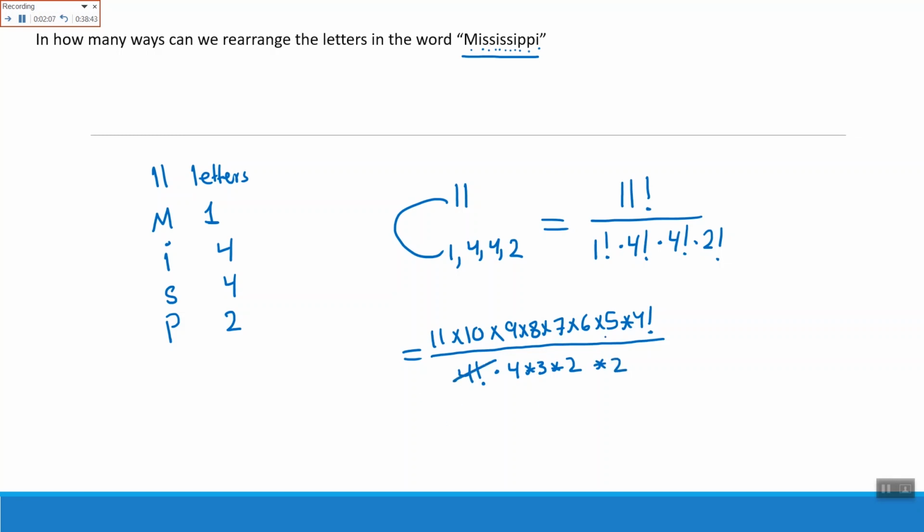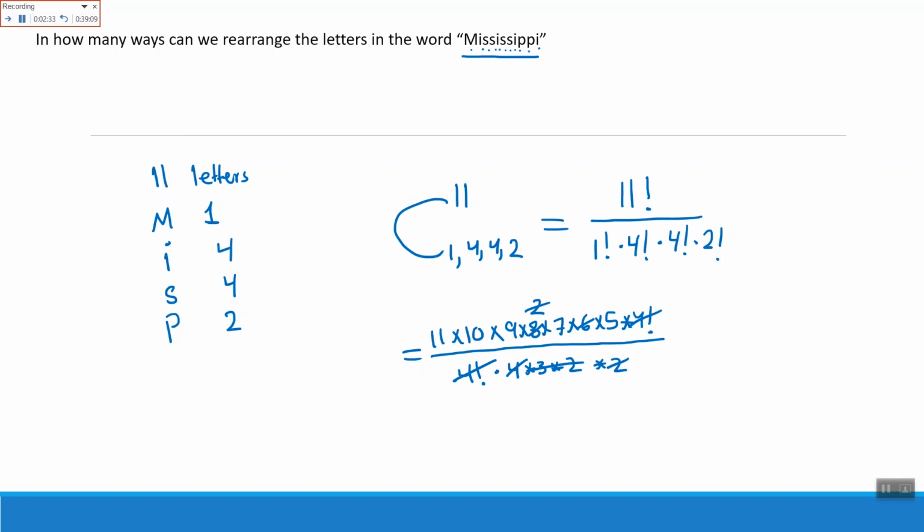I can cancel the 4 factorial with the 4 factorial. I can cancel the 4 with the 8. I get 2. I can cancel the 3 with the 2 with the 6. I can cancel the 2 with the 2. So I get 7 times 5, which is 35, times 9, which is 315, times 10, which is 3,150.